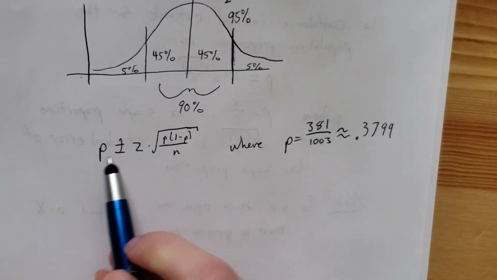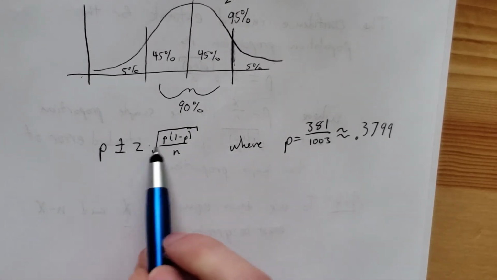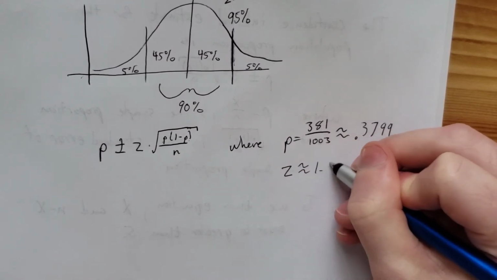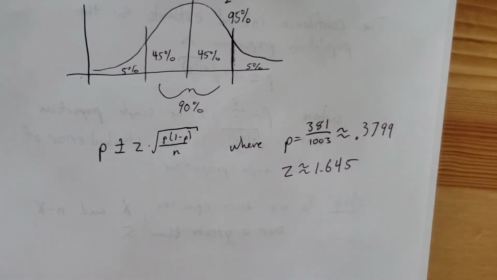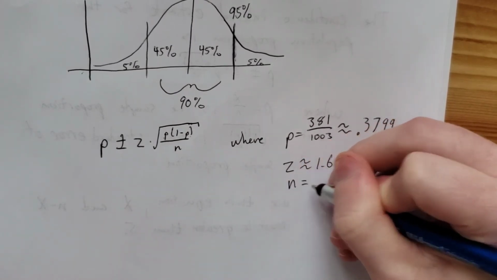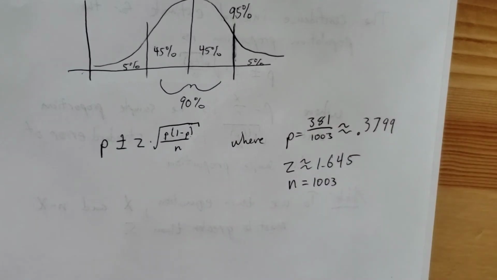So we plug in that for p everywhere. z is approximately 1.645. That's what we just calculated above. n is 1003. That was our sample size.